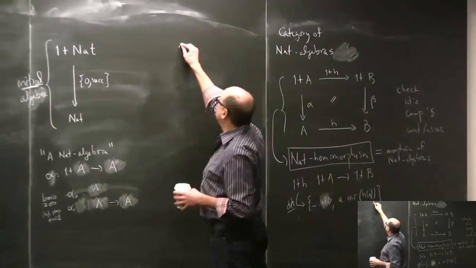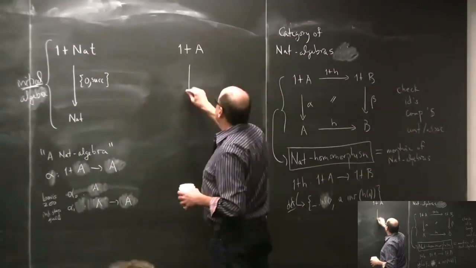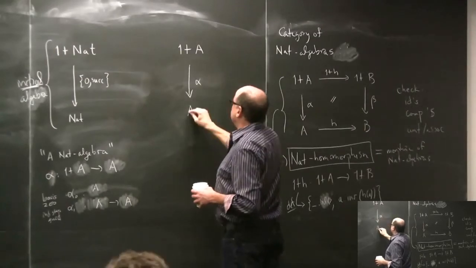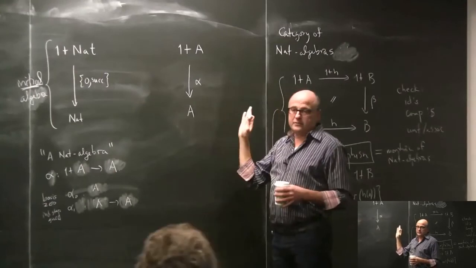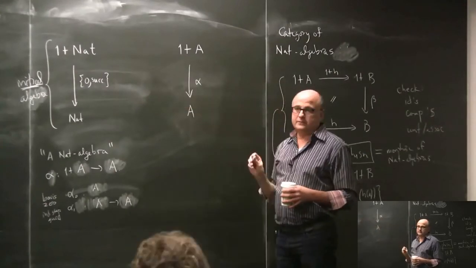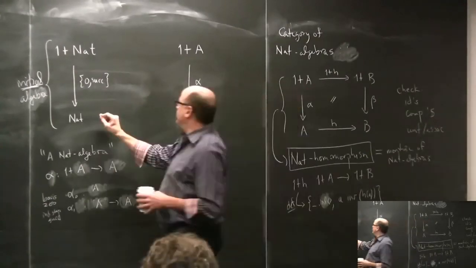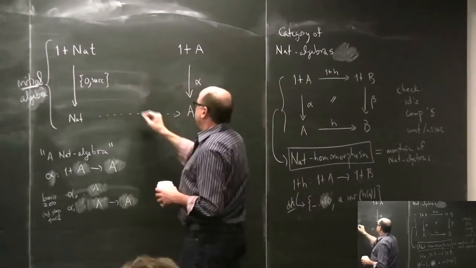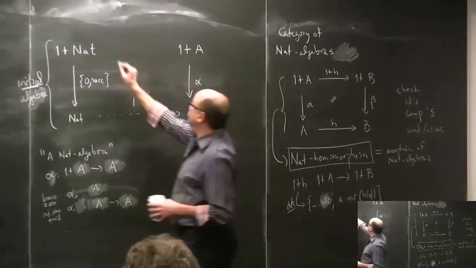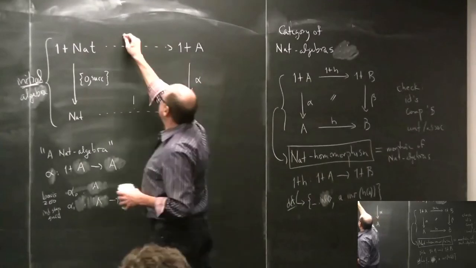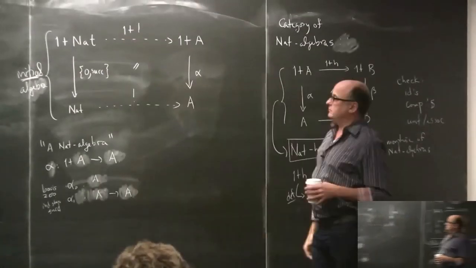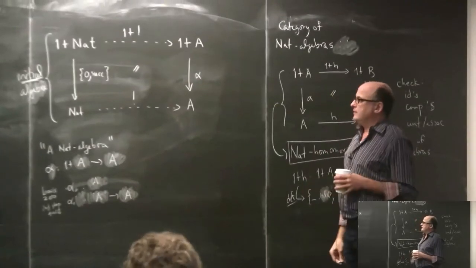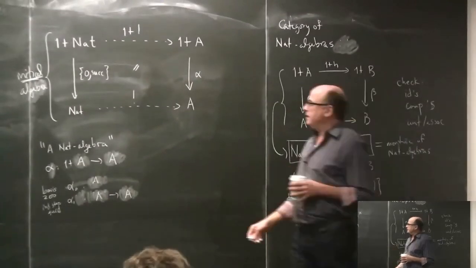It means that if you give me any other algebra like this, there's going to be a unique NAT homomorphism from left to right. In other words, there's a unique thing here, bang, such that 1 plus bang, this diagram commutes. That's what we're saying, that this is unique.